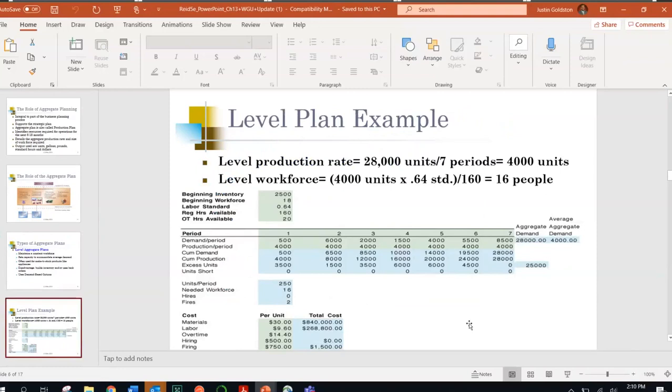If I have a proposed demand, now I can say, okay, in order to meet those monthly targets, those monthly expectations, I'm going to have to load my workers to this particular level, and I'm not deviating from that level. The same thing holds true for my materials.